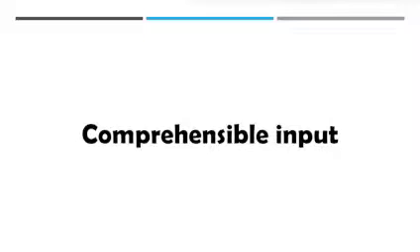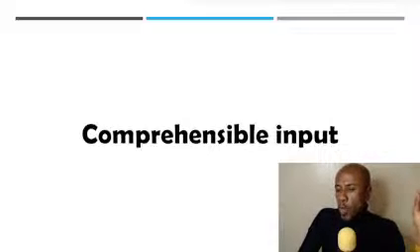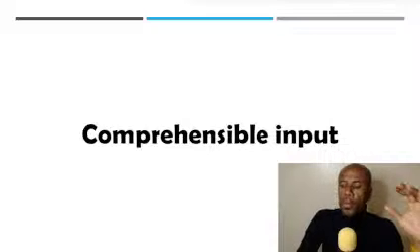The most important thing in comprehensible input is that the language that you are listening to or reading must be comprehensible at around 80% or 90%. That is, only 20 or 15 or 10% of it is incomprehensible.